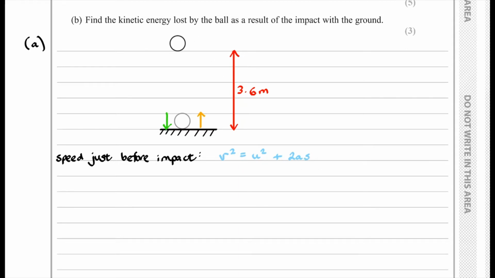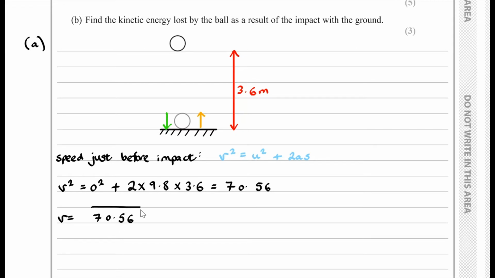Okay, so we've got v squared equals u squared. It starts from rest, so we have 0 squared, plus 2as, so we have 2 times 9.8 times 3.6. So v squared, you'd find this to be 70.56, and therefore v is equal to the square root of 70.56.